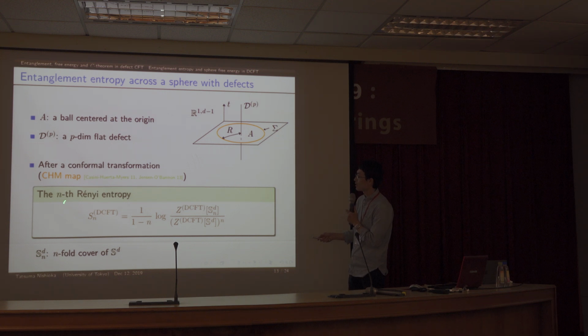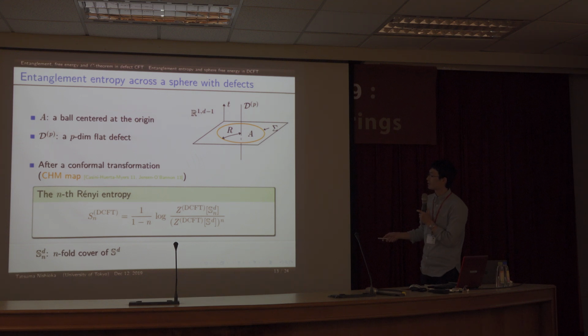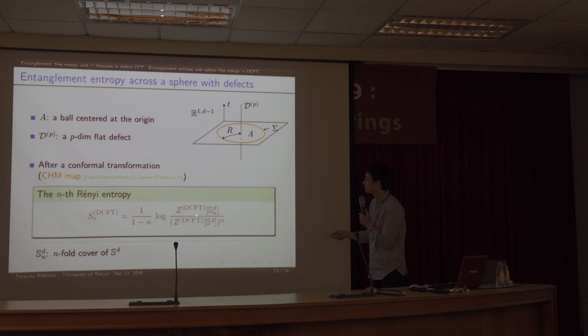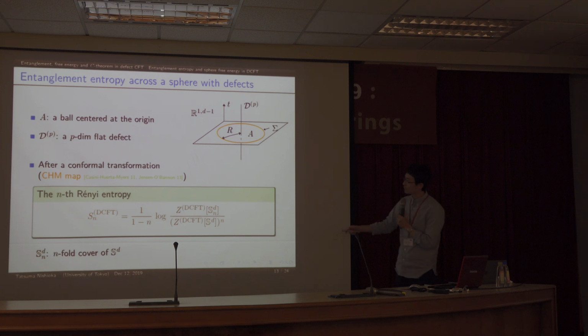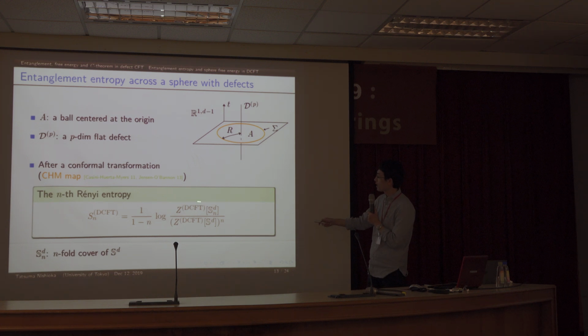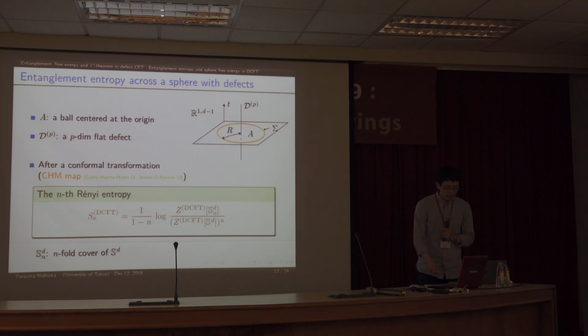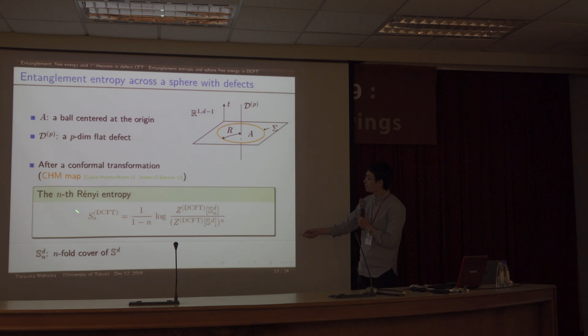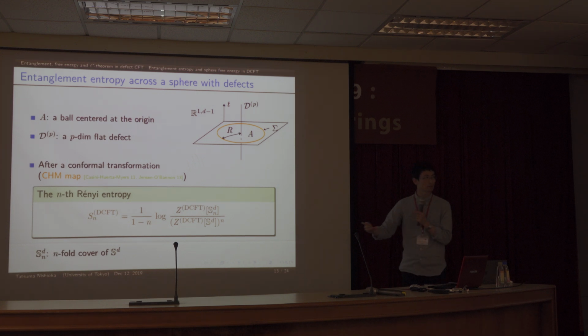And then the Renyi entropy in the presence of the defect takes the same form as before, just with the CFT partition function replaced with the defect CFT partition function. Basically, you are supposed to compute the partition function on the sphere of the DCFT. But this quantity includes a contribution from the defect and also the bulk CFT.